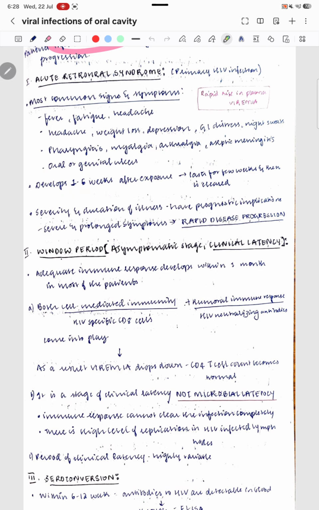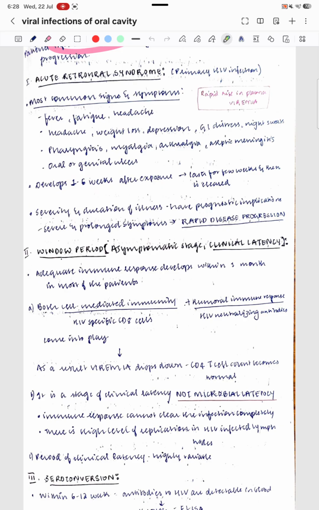What you need to know is that it develops 1 to 6 weeks after the exposure. So once the person is exposed to the virus, it gives these symptoms 1 to 6 weeks post exposure.